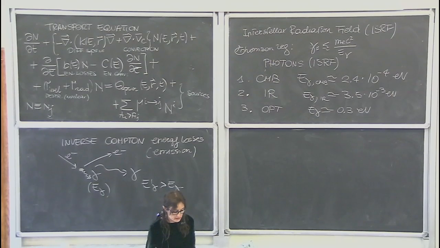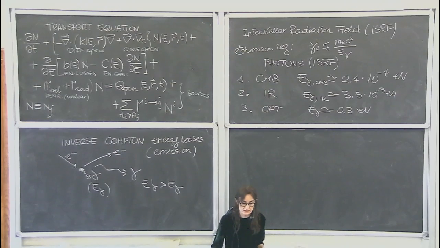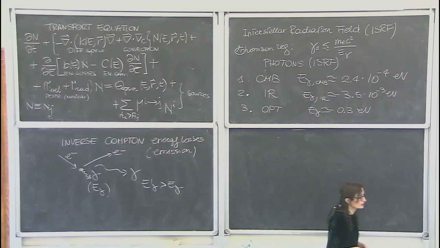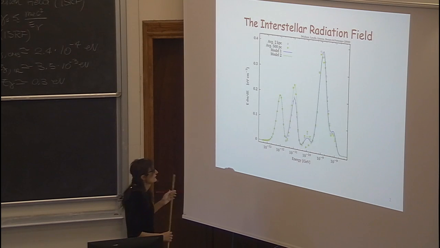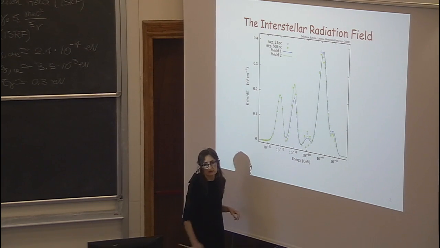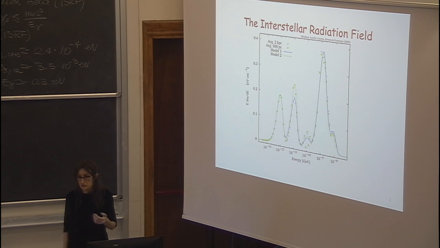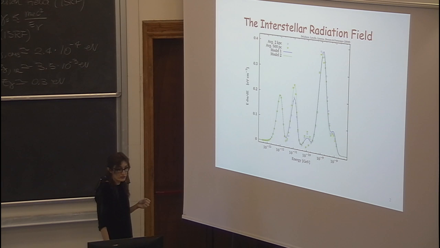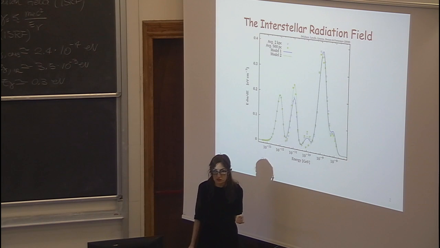So, in the hypothesis that we have this distribution, maybe I can show it before going on. This is a piece of work that we have done a few years ago, and ours was not the heaviest work, because all these points that you see here are very complicated derivations of the averaged interstellar radiation field at each of these energies.